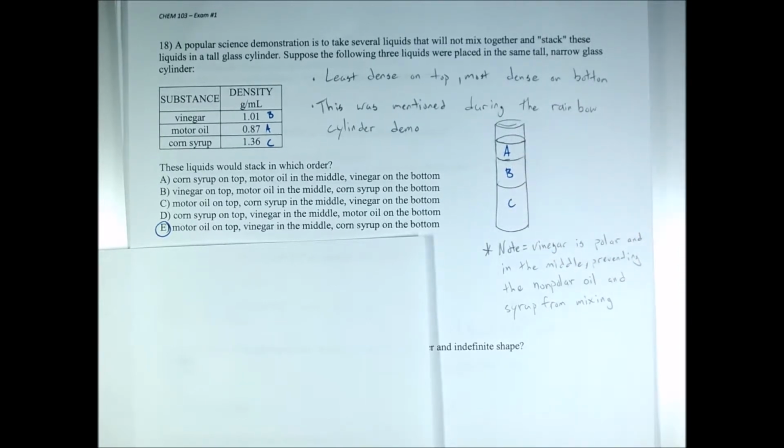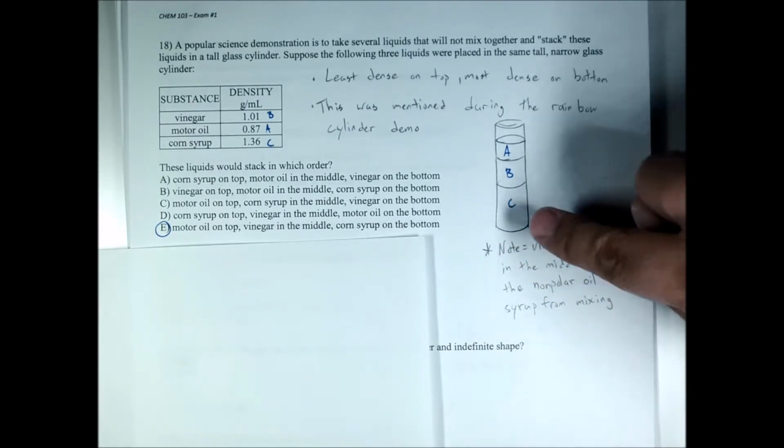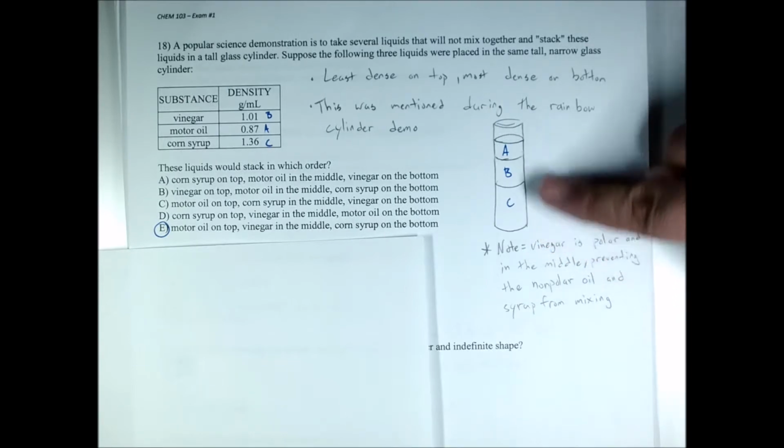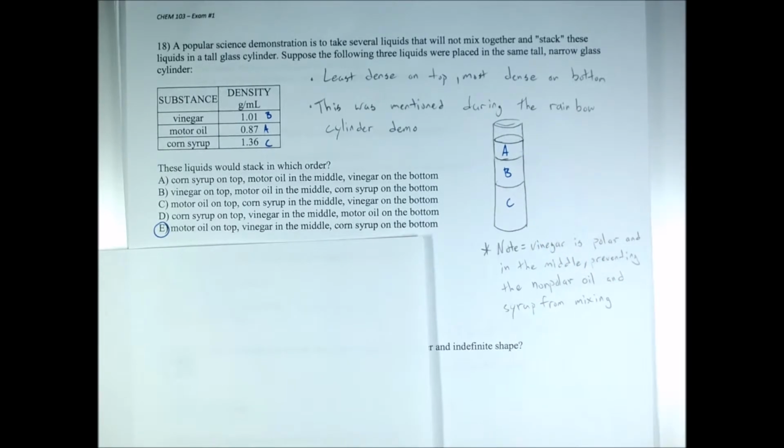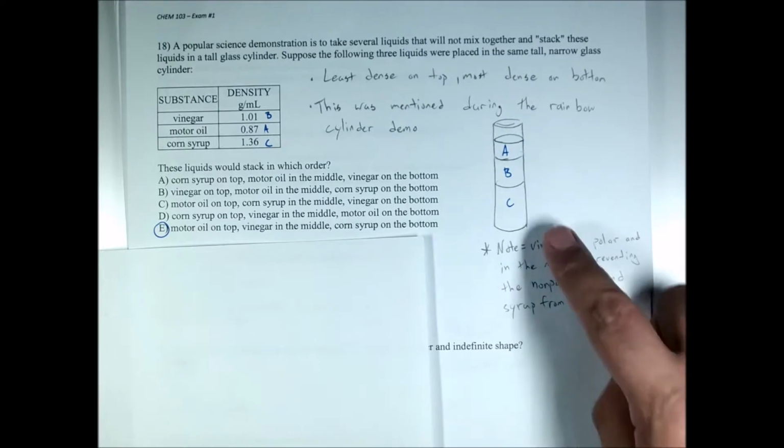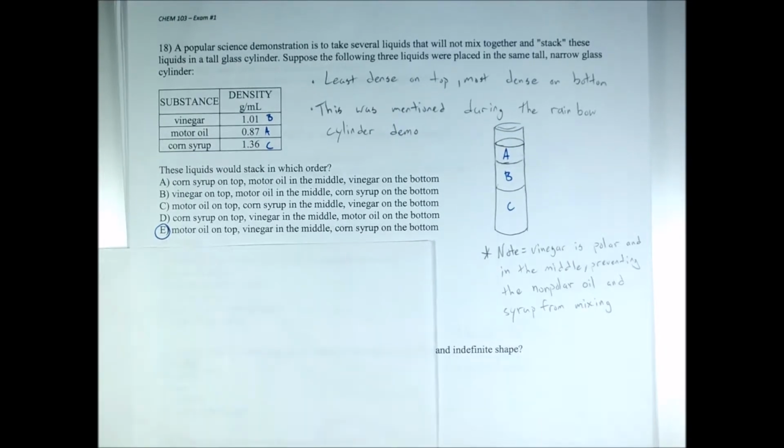So that layer B here is preventing them from mixing together. And they are going to go from most dense at the bottom, least dense at the top. The day I talked about this was actually the day I did the rainbow demo. Do you remember me doing the rainbow demo? I actually mentioned here that the more dense liquid goes to the bottom. And hopefully you read that in your book as well. So the correct order was choice E.